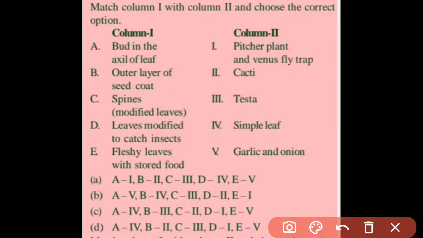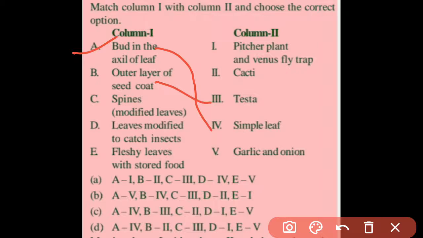It is also a match the following type question. So let's check. Bud in the axil of leaf, so it is basically a simple leaf. Outer layer of seed coat is testa.